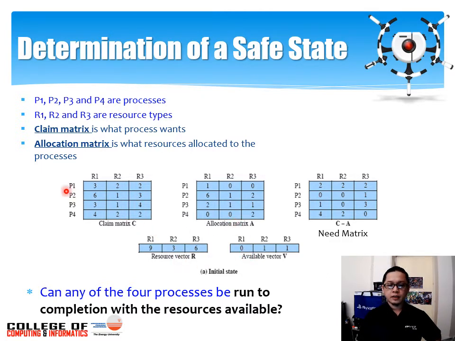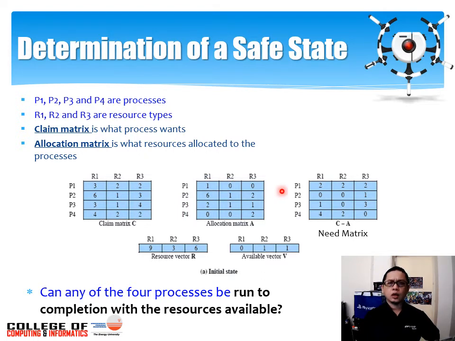From this diagram, P1, P2, P3, and P4 are processes, and R1, R2, and R3 are the resources that are being requested. We have the claim matrix, the allocation matrix, and the need matrix. Each of these matrices also has the information of the process and the resource.